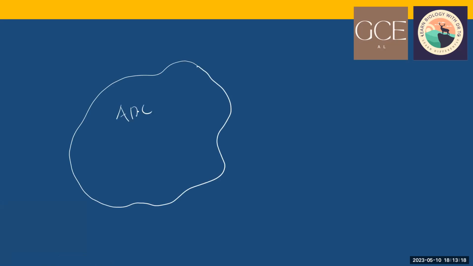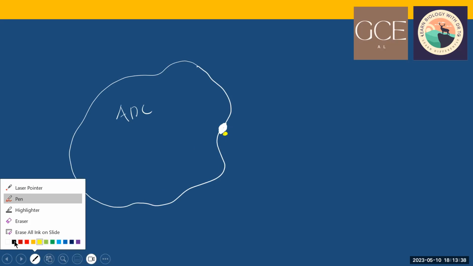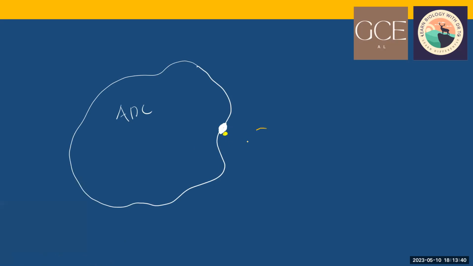Okay, now look carefully. Again, I'm going to do the same thing. This is the antigen presenting cell. I hope you remember it has a protein called MHC, with the antigen attached to the MHC. This combination can be recognized by the T helper cell through its receptor.